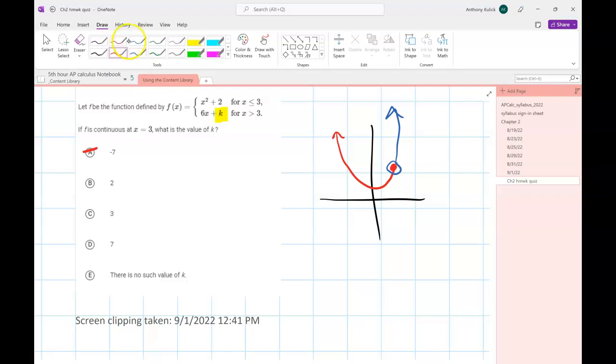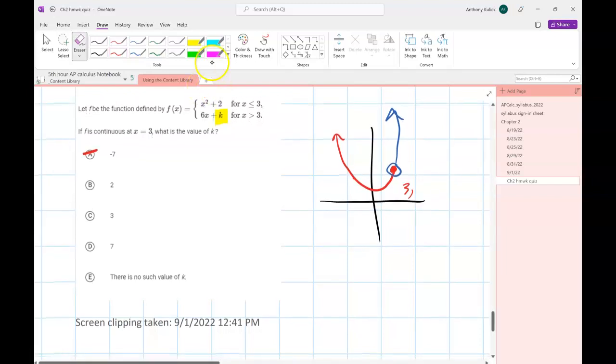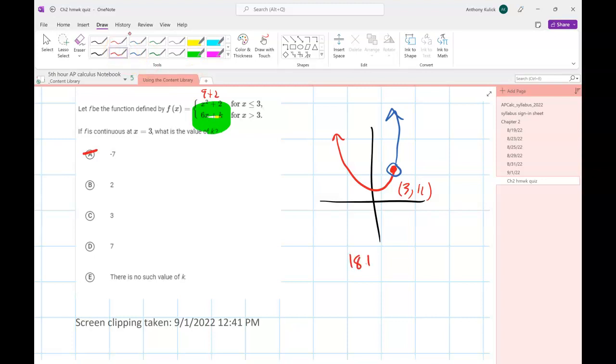So the way to do this is to just plug in and figure out what this endpoint is in red. So I know that's 3 comma, and when I plug in 3, I get 9 plus 2. So this is the point 3 comma 11. So then if I take this piece and I plug in 3, I have 18 plus k has to equal 11. So k just has to be negative 7. Everybody's okay with that?